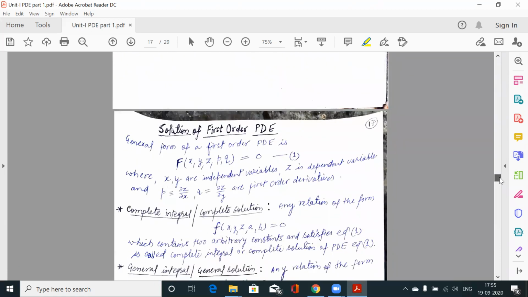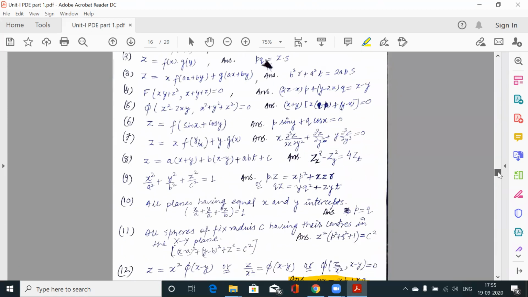So what we have studied in this first topic, the formulation of PDE: we have three concepts. Actually, there are two concepts only. The third is the particular case of concept 2. The formulation of PDE is either through eliminating the arbitrary constants or through the elimination of arbitrary functions.